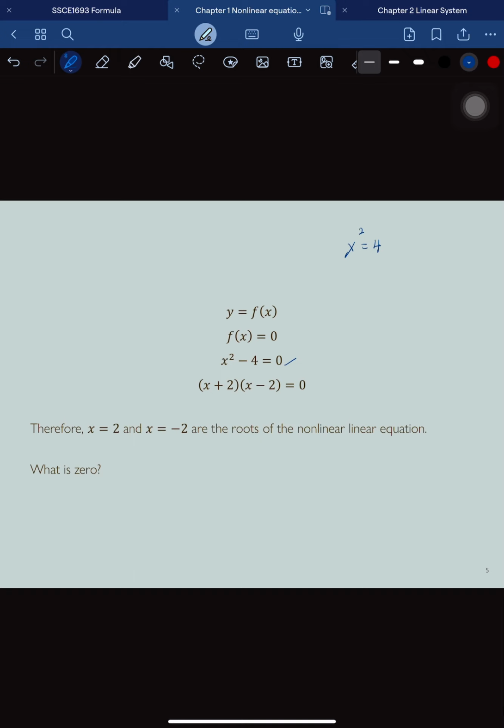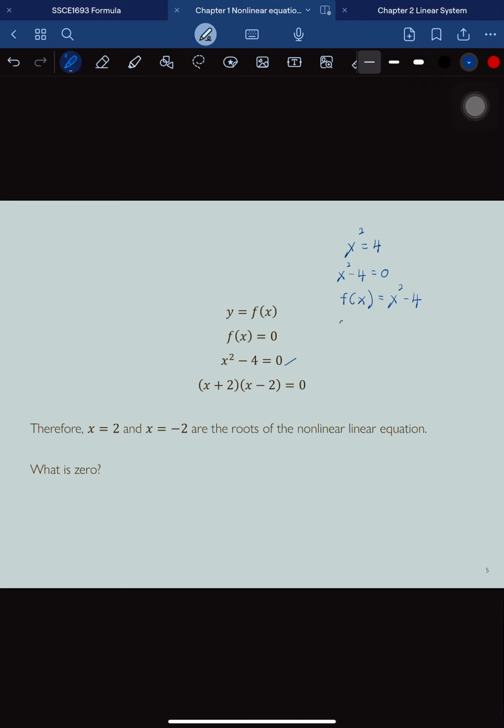The first step is to move everything to the left hand side. So we have x squared minus 4 equal to 0. Now you can make f(x) equal to x squared minus 4.